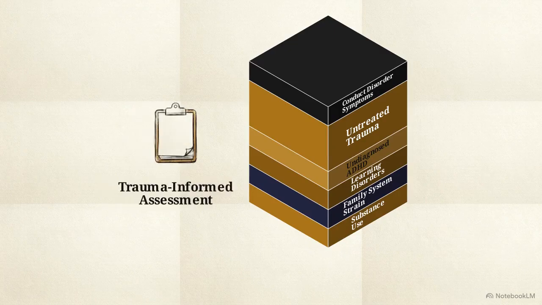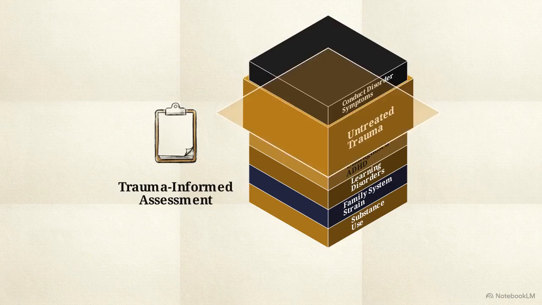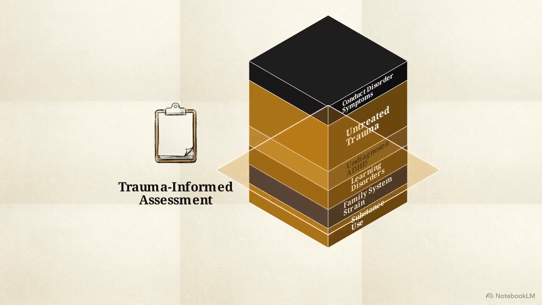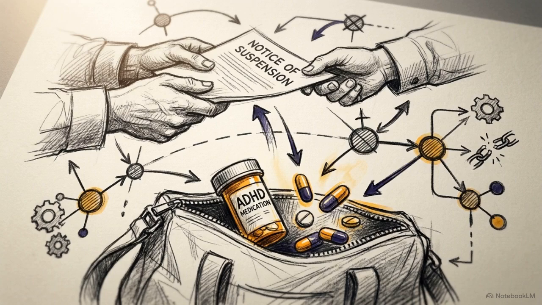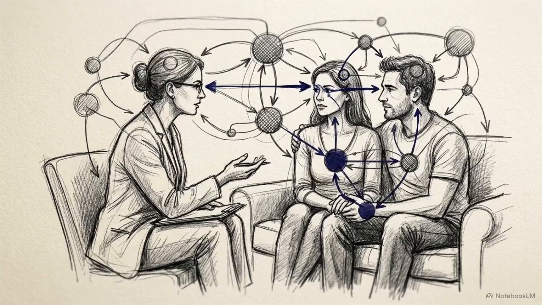Because these underlying drivers dictate the outward actions, a trauma-informed assessment becomes the necessary baseline for determining any effective intervention. If these root causes remain unidentified, the resulting administrative response will likely fail to address the actual source of the behavior. Behavioral correction relies on treating this root etiology, rather than merely suppressing the surface symptom.